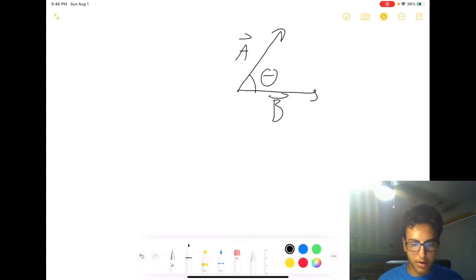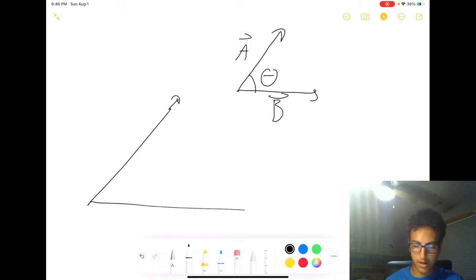If we look at the cross product with the perpendicular components, we can see which of these components is perpendicular to one another. So we have this angle theta, and I'll draw this a little bit bigger here: two vectors, A, B, and theta.